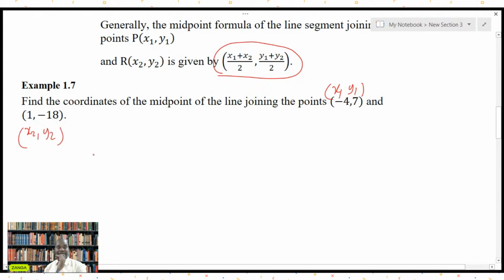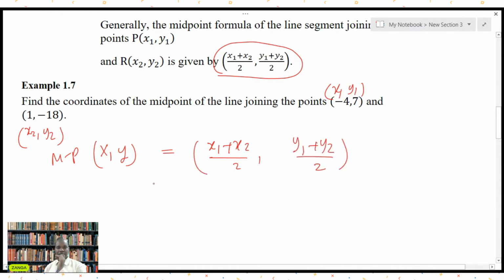So the midpoint, if you're going to term it as x, y, midpoint x, y will be taking x1 plus x2 over 2, comma y1 plus y2 over 2. To proceed, we have x1 plus x2, so you have -4 plus 1 over 2, comma y1, which is 7, minus 18 over 2.